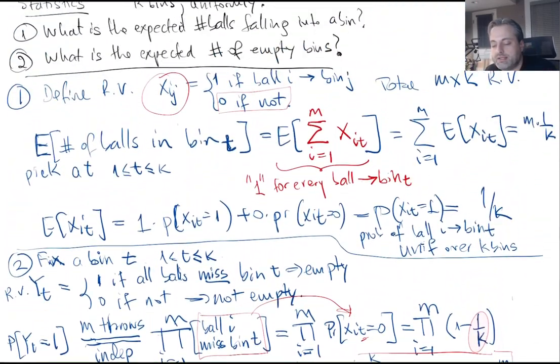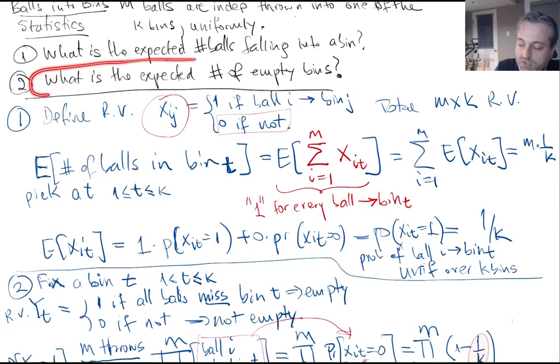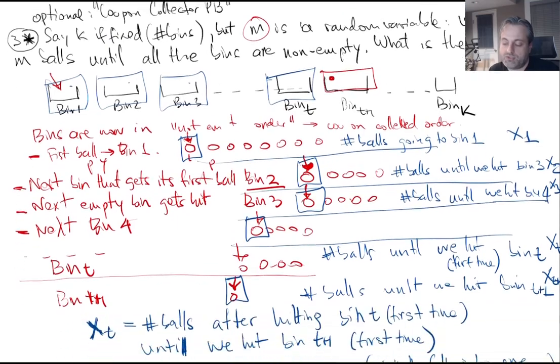Make sure you understand that that's a different problem than the second one here, which is what is the expected number of empty bins. You gotta make sure you're not confusing those two. After I throw n balls, I can have some empty bins. On average, I'm computing that in part 2. The other one, which is kind of the dual problem, is if I don't want to have empty bins, how many balls do I need to throw? What's the average? So that is the average number right here.